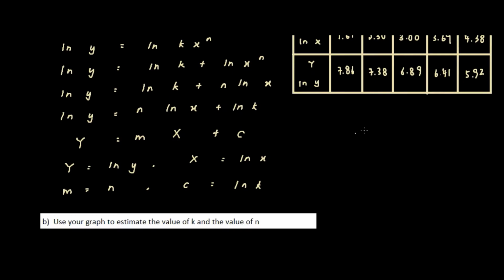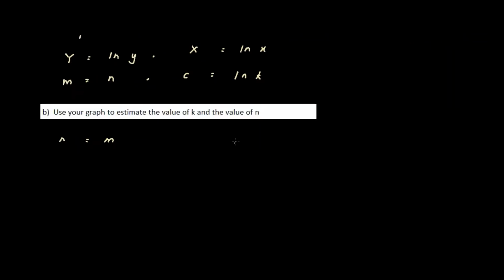Maybe let's use the last one and the first one. So n equals, the last point gives us 5.92, minus the first point 7.86, divided by 4.38 minus 1.61.